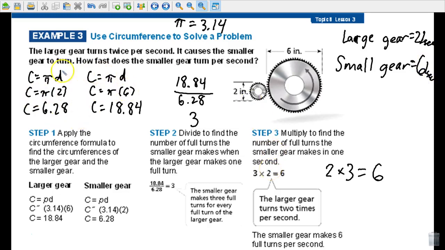So we find the circumference of both the large gear and the small gear. We divide them to see how many rotations the small gear makes for every 1 rotation of the large gear. And since the large gear has a rotation 2 times per second, the small gear is 6 times per second because it's 3 times per that 1.